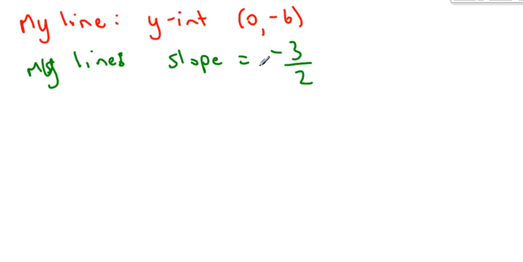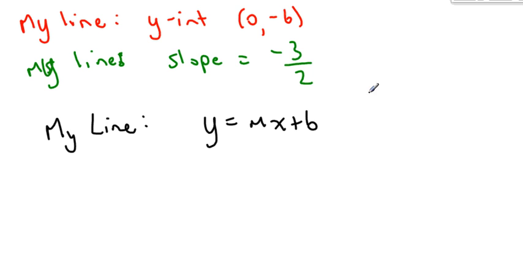So I'm not going to go back to the other pages because everything I know about my line is here. My line has a slope here and a y-intercept here. So I'm going to start to create my line. And we create lines using the y equals mx plus b equation form. M is the slope. Well, there's my slope.